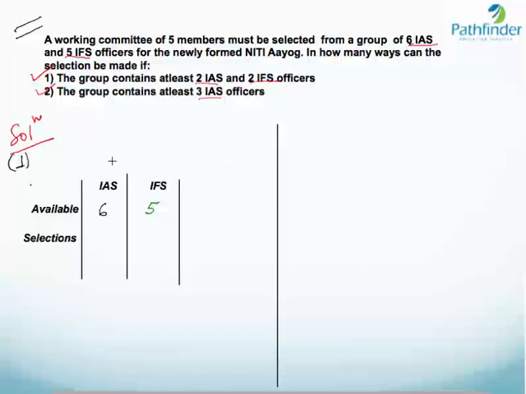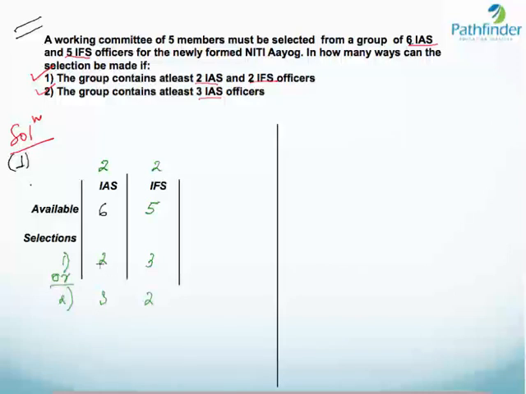Now because we have to select at least 2 IAS and at least 2 IFS officers out of 5, in the first case we can select 2 IAS officers and 3 from the IFS group, and the second selection can be 3 IAS and 2 IFS officers. So these cases are mutually exclusive, therefore we have an OR.